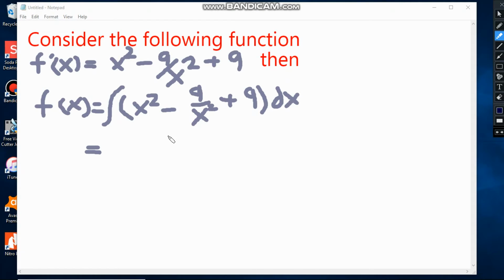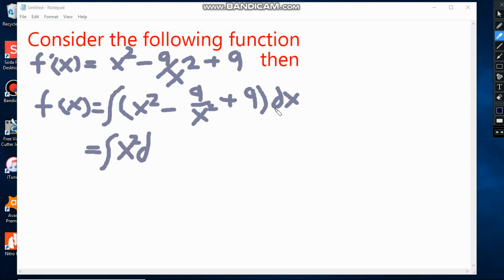So to solve these expressions, we must open the bracket, and when we open the bracket we must multiply by the integral sign and the derivative sign at the same time. So I multiply the integral sign to x squared.